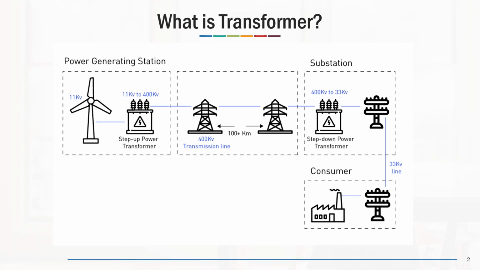So first, what is a transformer and why do we use a transformer? Normally in generation units, we have very high current and high power, and we should send that power to the consumer over a long distance. Because we have the transmission line, we have a lot of losses, and the losses in the transmission line depend on the current.